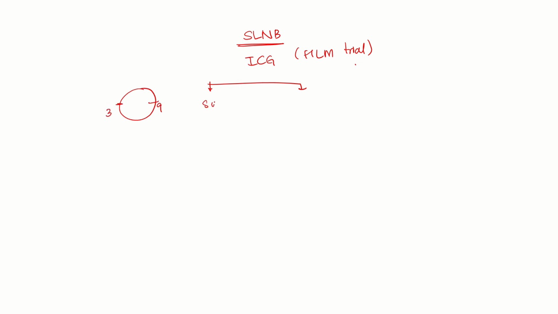Now let's discuss the concept behind SLNB. How is it performed? 0.5 ml of ICG is taken and injected. For SLNB, ICG is preferred, as per the FILM trial, injected at two locations, at 3 o'clock and 9 o'clock, submucosal and stromal, 1 centimeter deep.